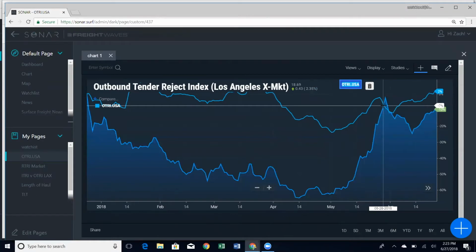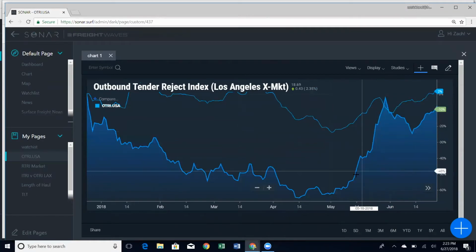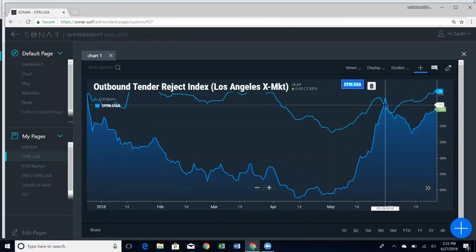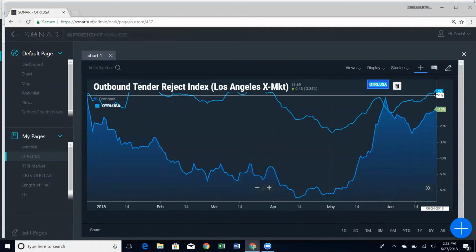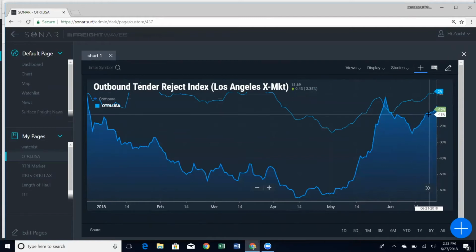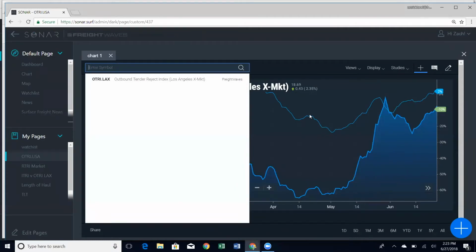You see right here, May 28th, that finally LA caught up to the rest of the market in terms of movement. And you can see that America is still over the top of it a little bit, but LA is really a market that everybody, I wouldn't say wants to go to, but the freight opportunities are there enough to make it a more appealing city than, say, Seattle or Minneapolis right now.